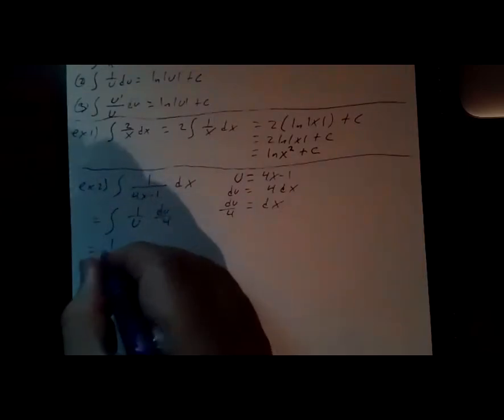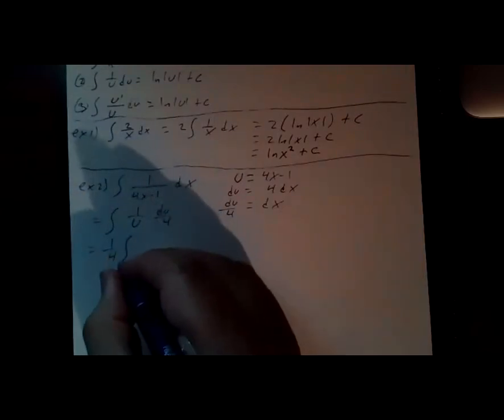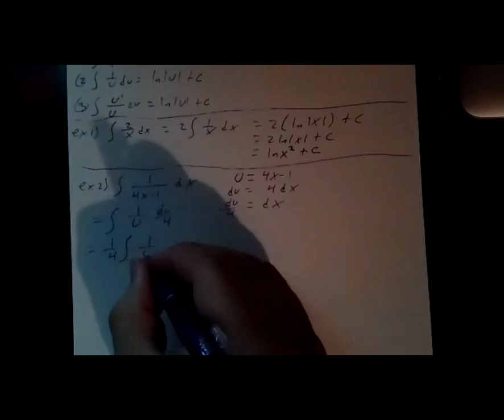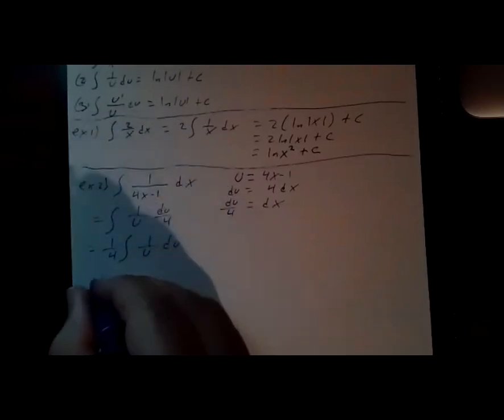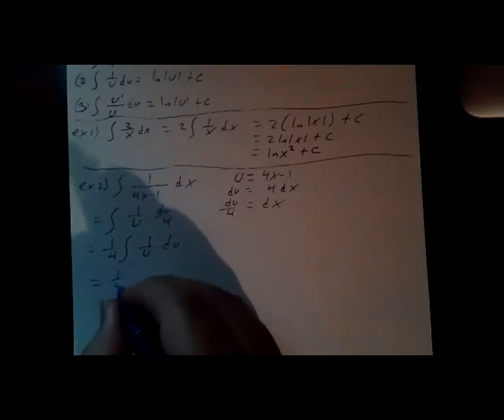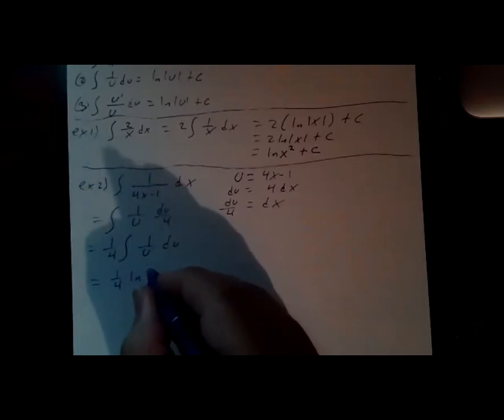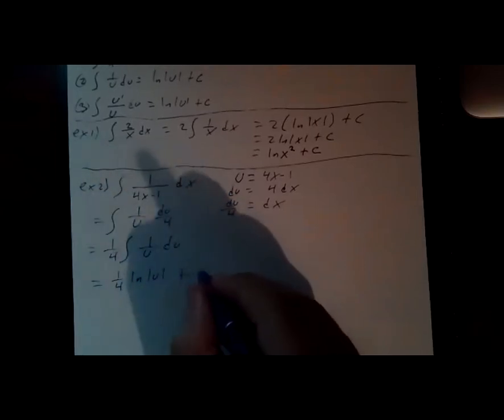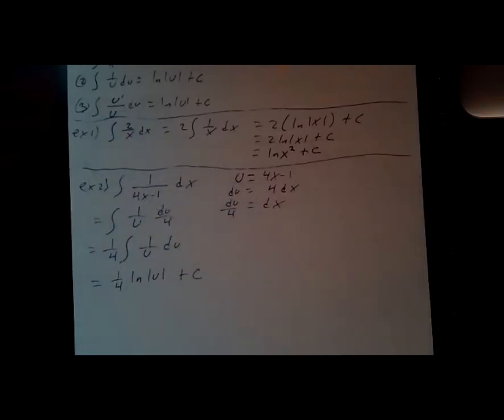And then we pull out the 1/4 that's on the du, and we can just straight up use our integral formula. This will be ln u. And then we just resub u and we're done.